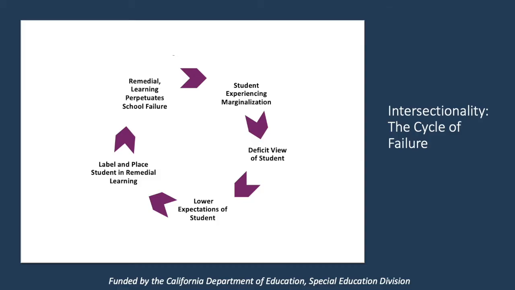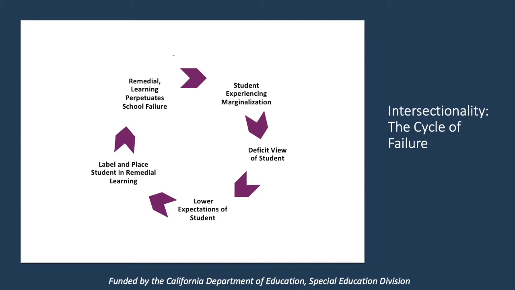To recognize our human approach to student identities, we must also examine our beliefs and expectations for our students. We can use the cycle of failure to reference. It is a far too common reality for students who learn outside the box. As a result of a student experiencing marginalization, a deficit view emerges, expectations lower and are perpetuated.